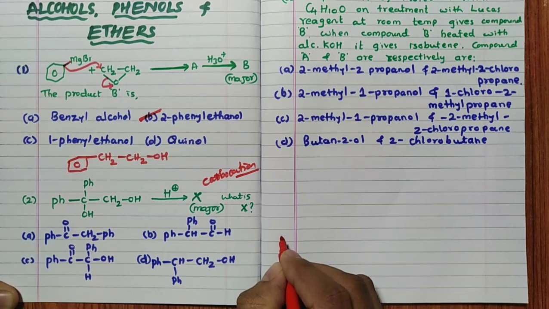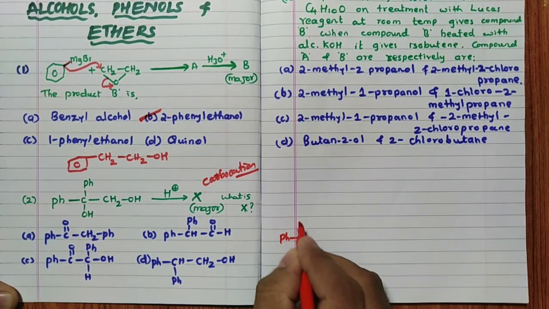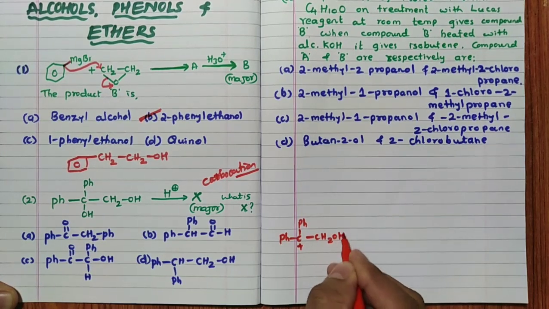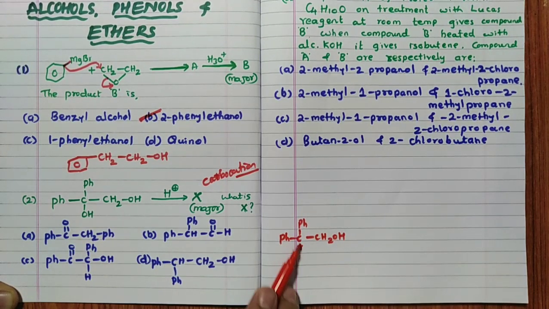That I will show you like this: Ph-C+H-CH2OH. This carbon forms a more stable carbocation because the benzene ring is attached here, which gives more stability to the carbocation.